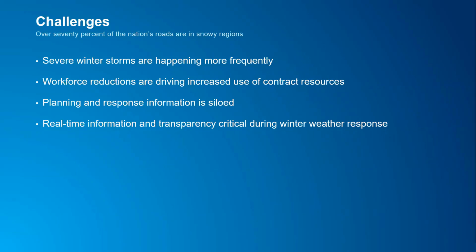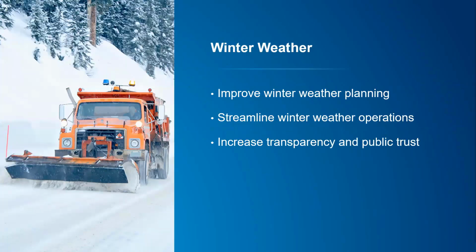So to overcome those challenges, ArcGIS Solutions for Winter Weather includes a series of mapping and location capabilities that can help state and local governments to improve their winter weather planning process, to streamline their operations, and to increase public transparency and trust.